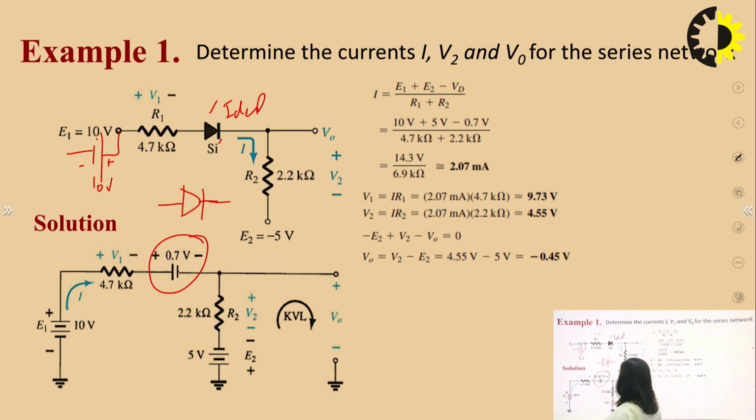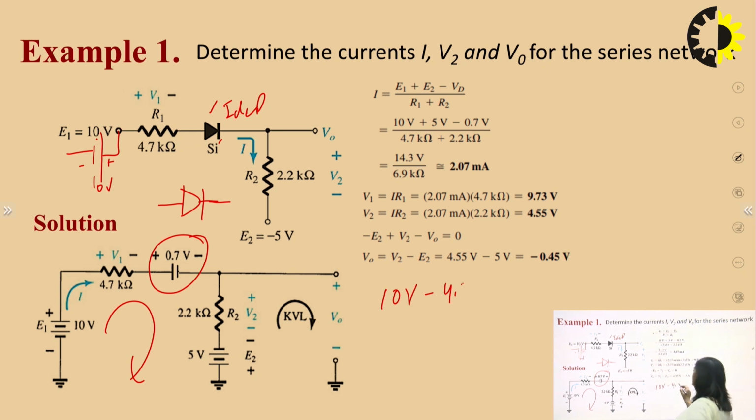So now we can apply KVL here. In this loop we will apply KVL. After applying KVL, we have 10 volt, then 4.7 I, then 0.7, minus 2.2 I, and then 5 volt equal to 0. So we can find the value of I in this way, and this value comes as 2.07 milliampere.